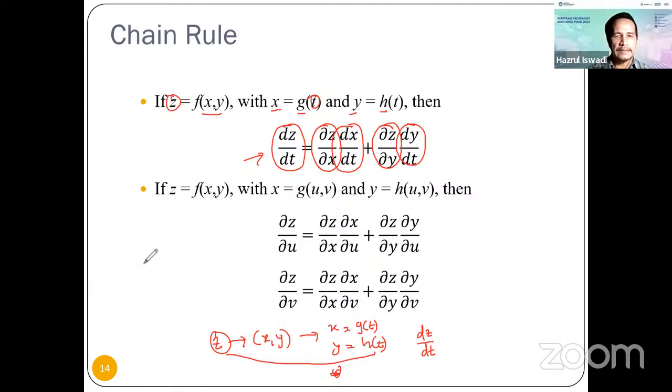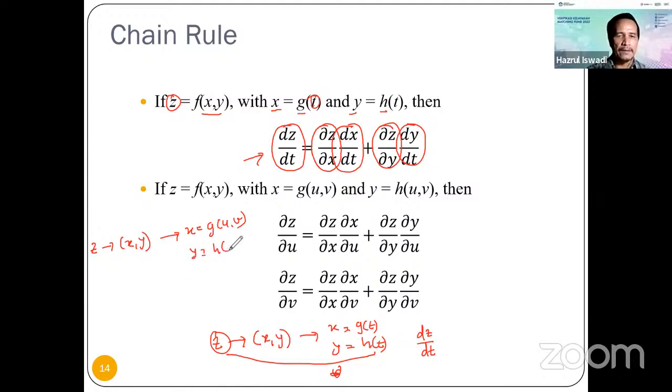And in the second situation, z is a function of two variables, where each variable is also a function of two other variables, u and v.